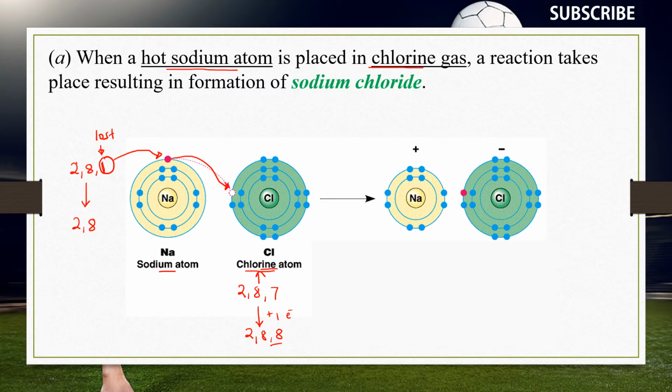So when you look at what will be formed, we shall see that we have new ions being formed. The sodium atom no longer has 3 energy levels. It now has 2 energy levels. This is energy level 1 and this is energy level 2. When you come back to our first image, it had 3: 1, 2, 3.